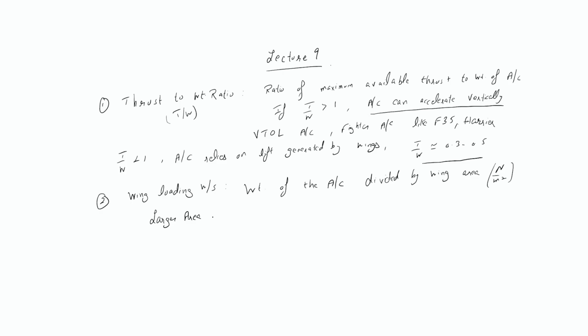Larger area will reduce wing loading, and vice versa is also applicable, obviously. So lower W by S means area is more. Lower W by S actually gives a low stall speed.